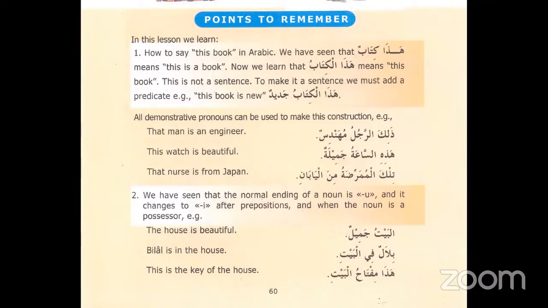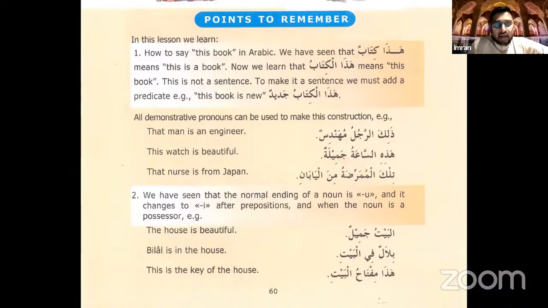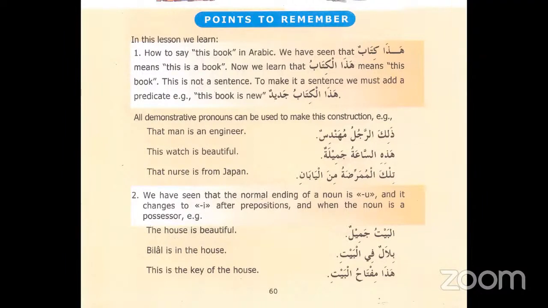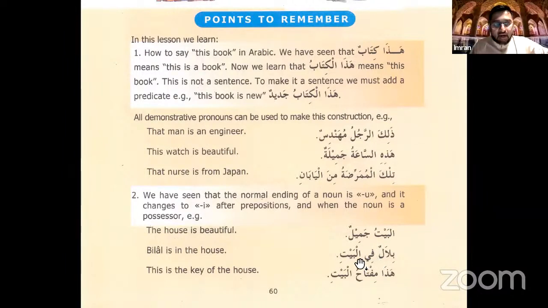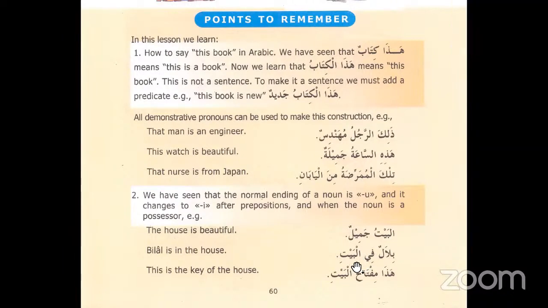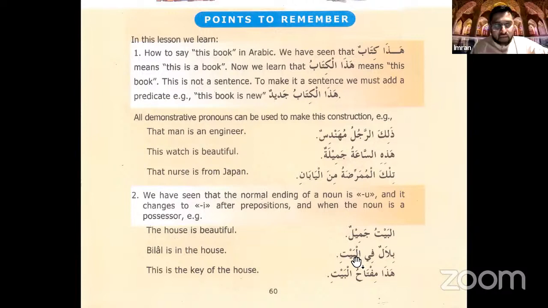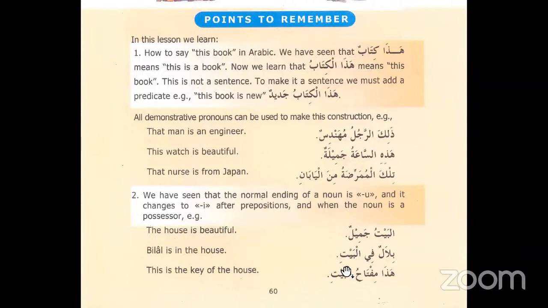Harf jar, and in English it's called a preposition. Exactly, preposition. So whenever a preposition comes, the noun after the preposition always gets a kasra. Kasra if it's with alif lam. If it's without alif lam, it will get kasratain, tanween. So fil bayti.